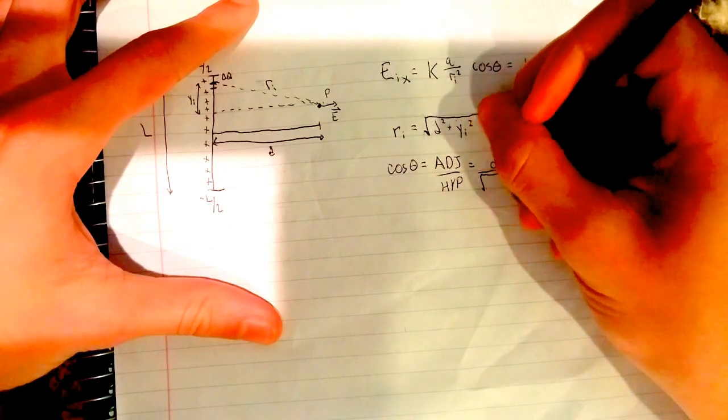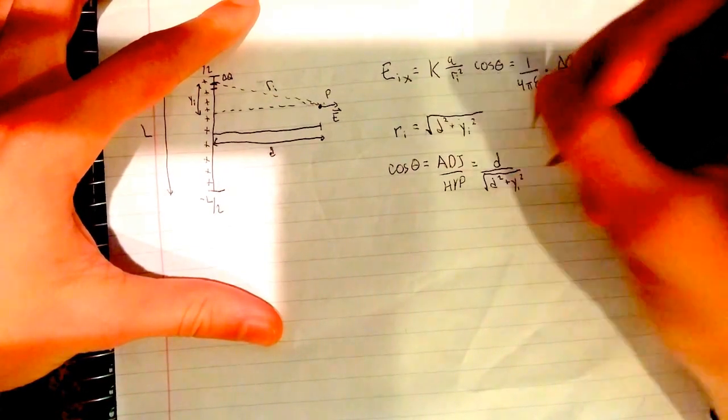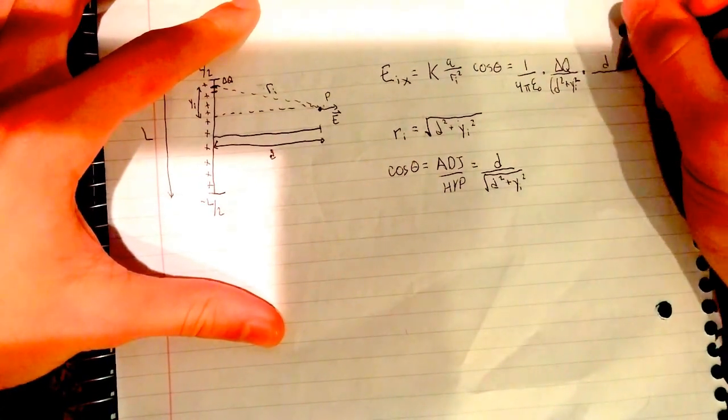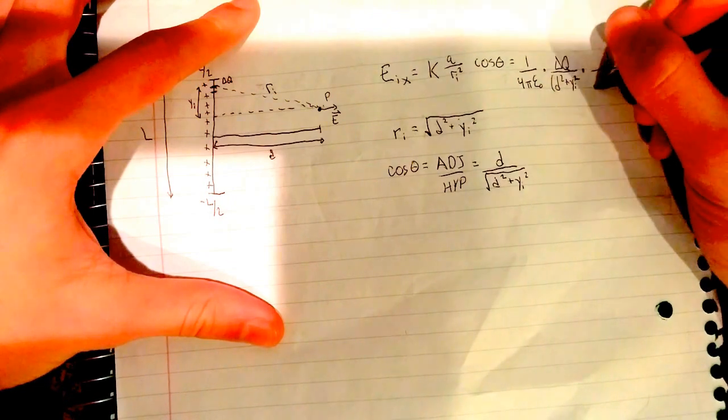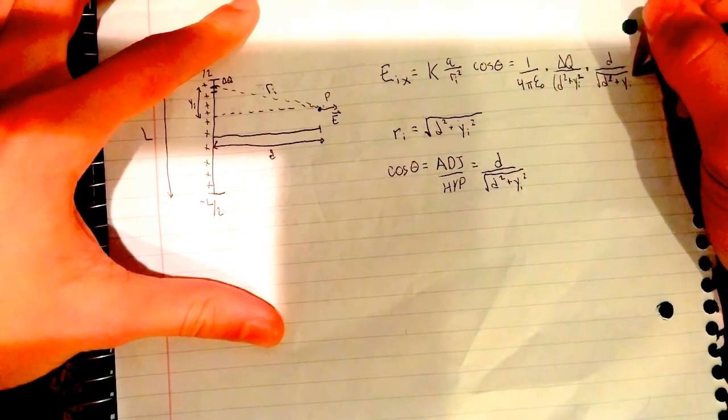So that's going to be the square root of d squared plus y_i squared. And then that can go up here. So that's d over the square root of d squared plus y_i squared.